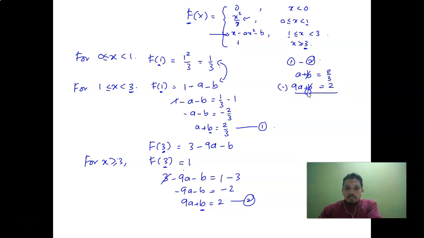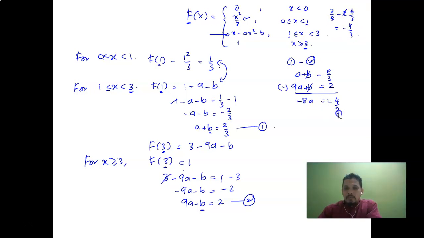So b minus b, a minus 9a, negative 8a, equals 2 over 3 minus 2. We take this 2 as 6 over 3, 6 divided by 3 equal to 2. So 2 over 3 minus 6 over 3 equal to negative 4 over 3.